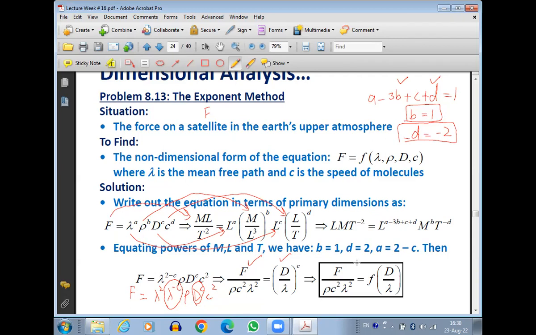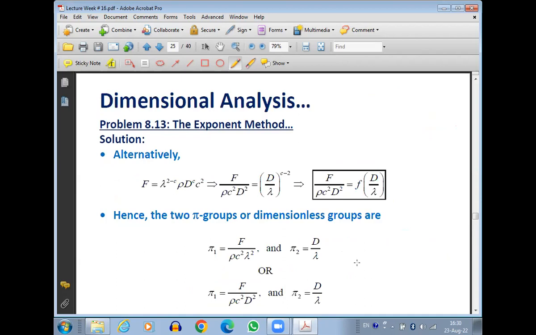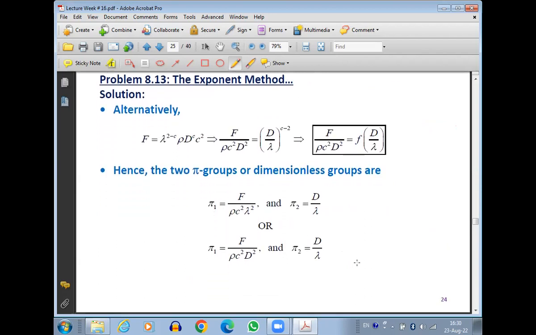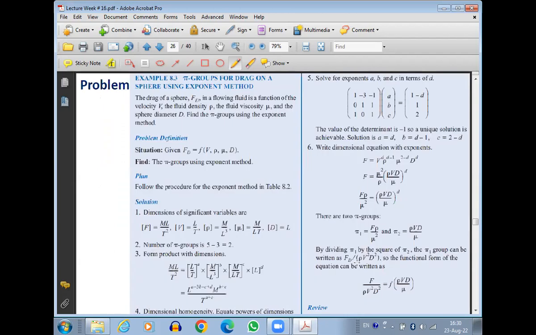You get a number of equations equal to the number of basic dimensions, and then you can solve for the different variables. So this is one question for the exponent method.